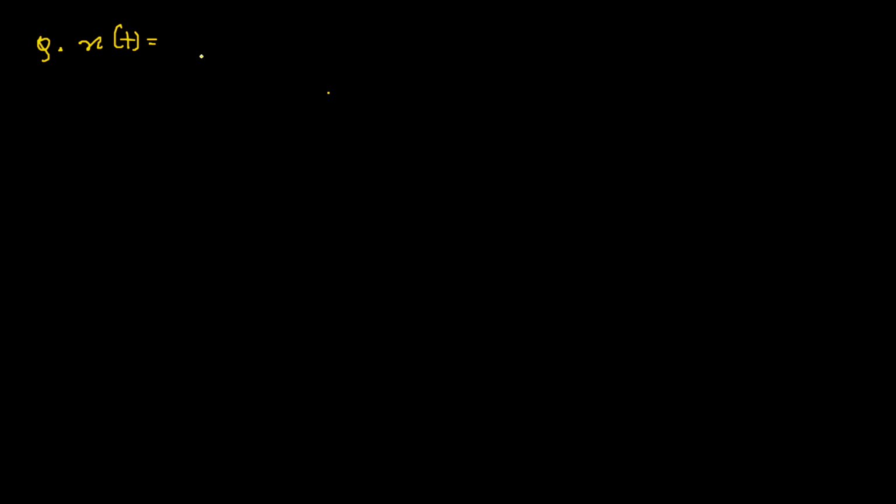This is given by x of t is equal to minus u of t plus 3 plus 2u of t plus 1 minus 2u of t minus 1 plus u of t minus 3. Okay, so we have four different signals here which we're supposed to add.